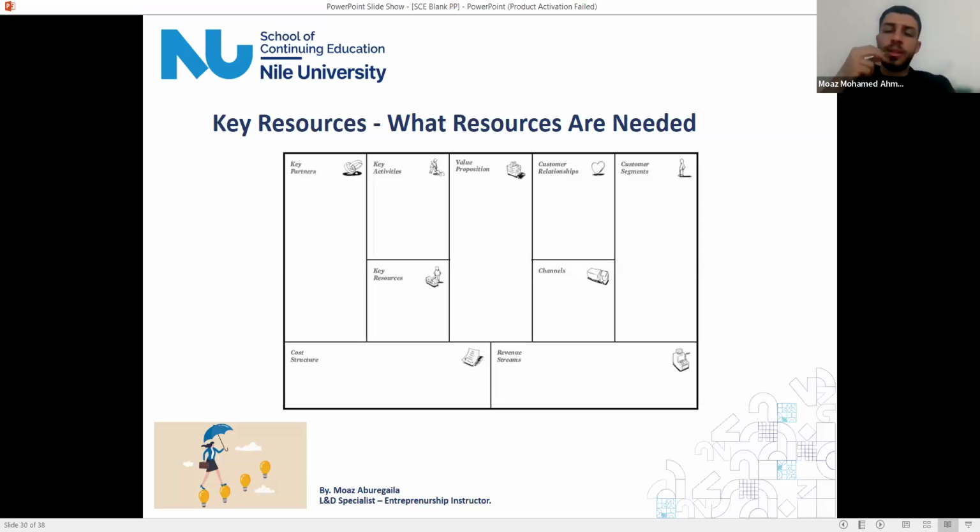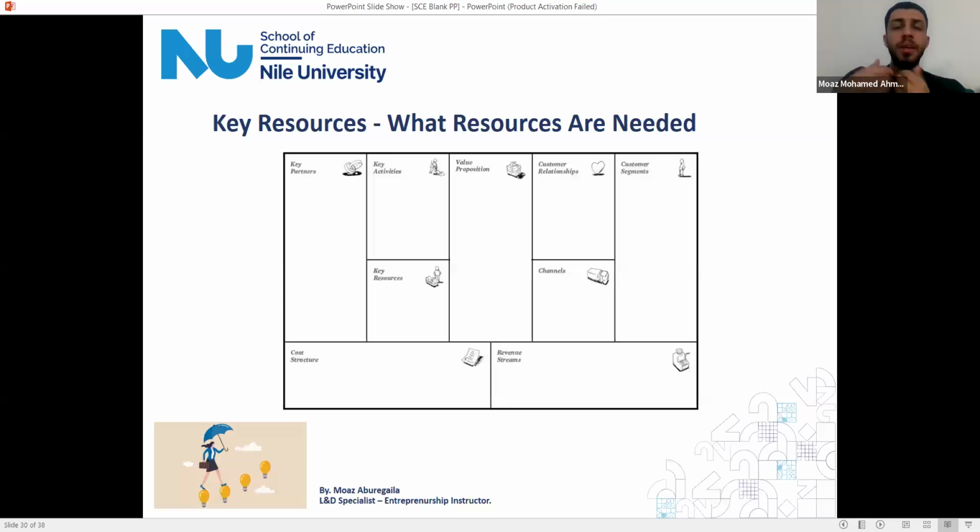So the key resources are the assets and resources your business needs to create, deliver, and capture the value. Think about how I could create and deliver and capture the value.